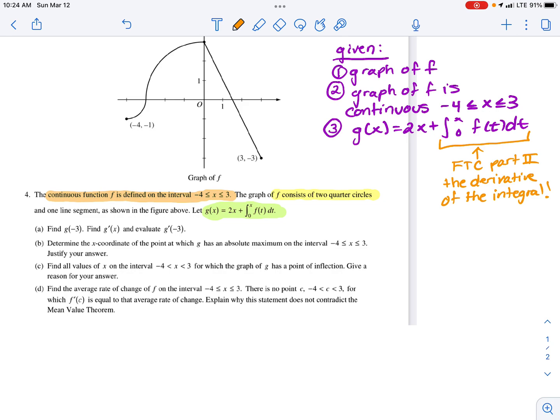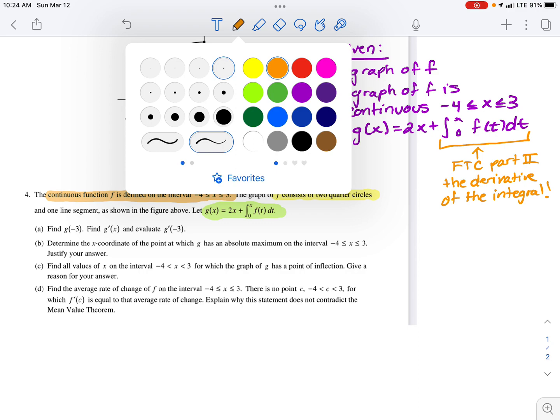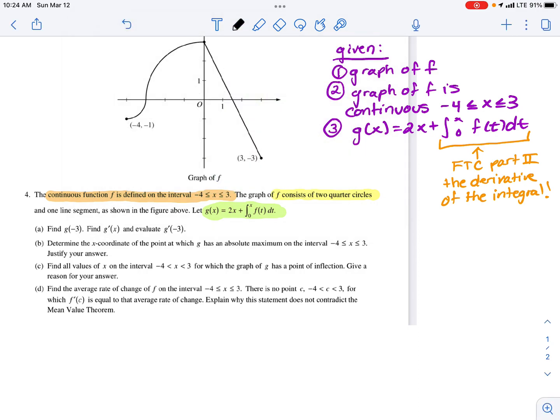Okay, so there were two parts to that, so make sure you're aware of what I'm talking about when I say that. Okay, so now I can finally attack the question.